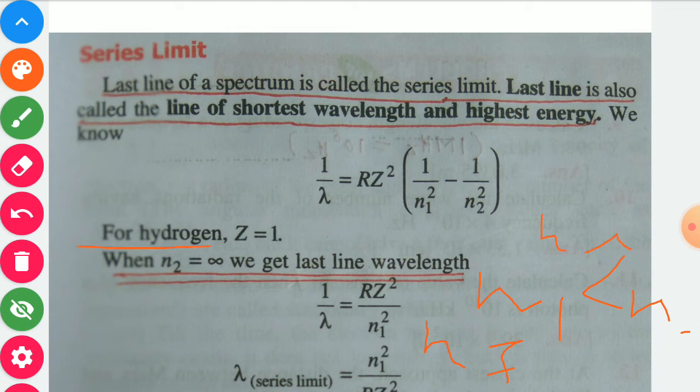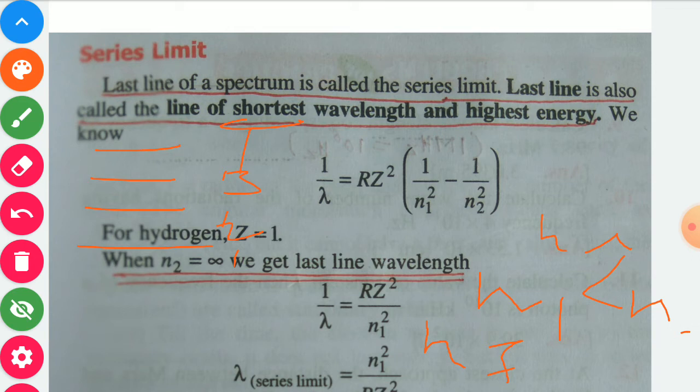Suppose there are different spectral lines. It is the first line, second, third, fourth, and so on. So here the first is n1, second is n2, third is n3, and so on and so forth.